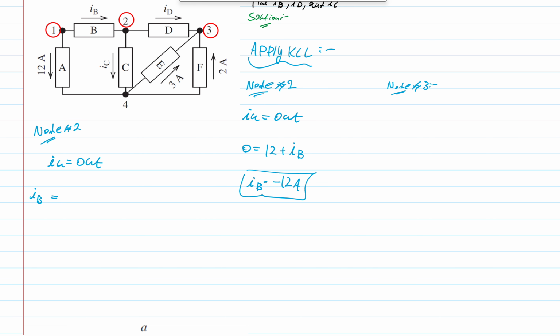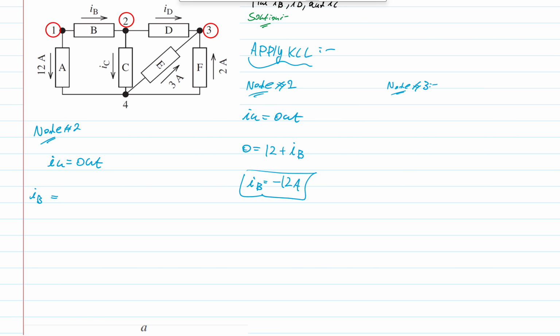All right. For this one, what we're going to do is that we'll apply KCL. So let's just apply that. Apply KVL, sorry, KVL, Kirchhoff's voltage law. All right. So no, we're supposed to apply KCL, then KVL.